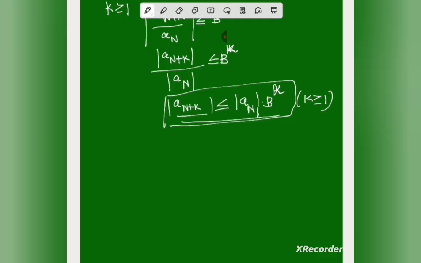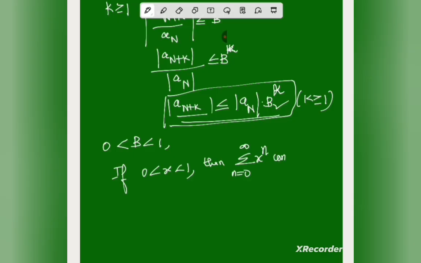Now I am going to apply another theorem, the geometric series theorem. We know the value of b is greater than 0 and less than 1. The theorem says that if 0 is less than x less than 1, then the series summation n equal to 0 to infinity x power n converges.